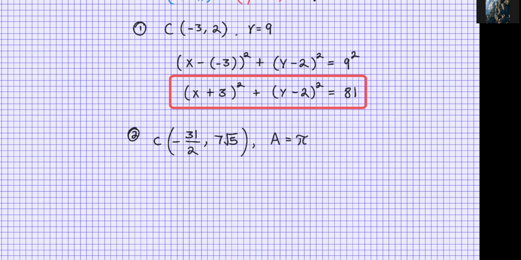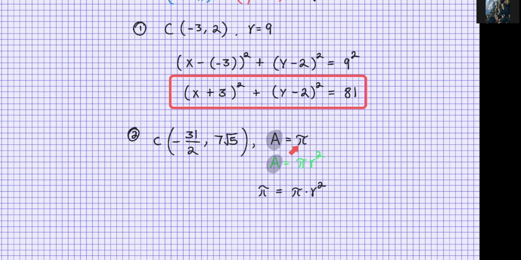Now we know that the area of a circle is pi times the radius squared. Now this area here and this one are the same. So we can rewrite that pi equals pi times radius squared.